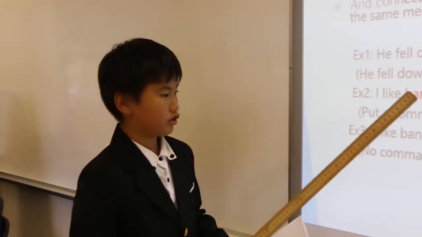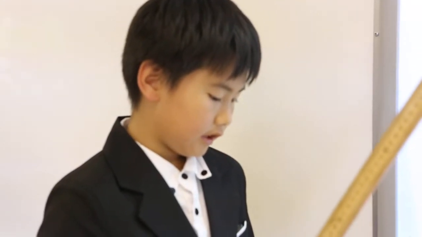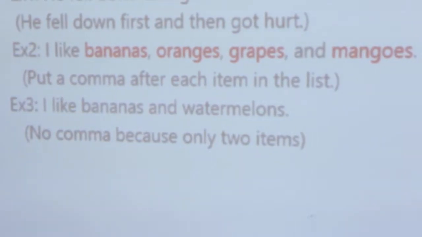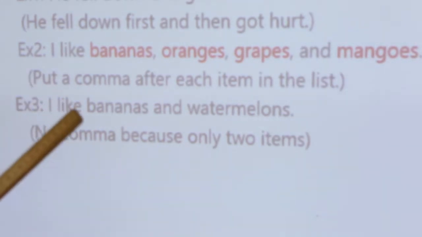However, if there are just 2 things, we will just say, I like bananas and watermelons. In this example, we don't need any commas because there are only 2 items. We put and between bananas and watermelons.